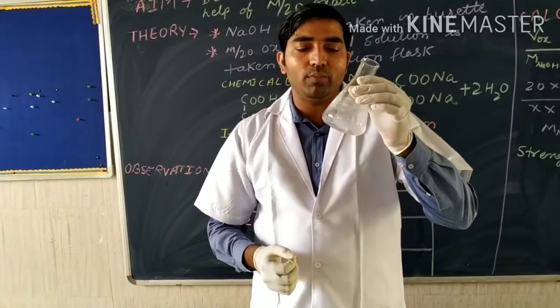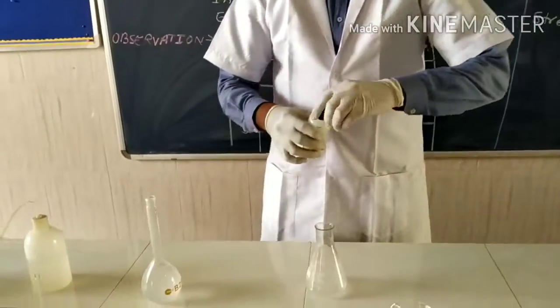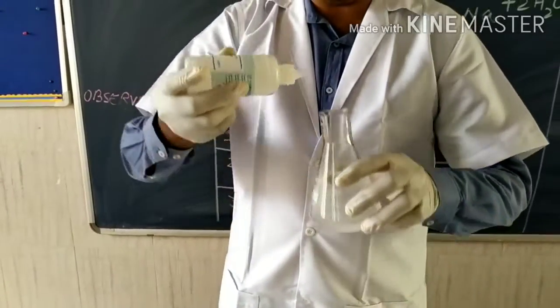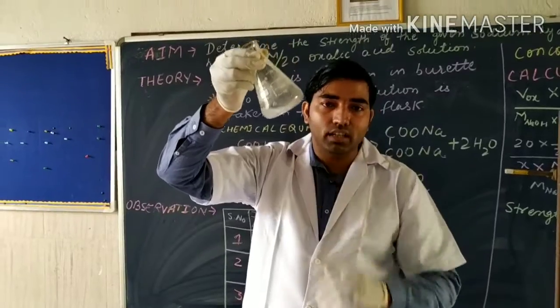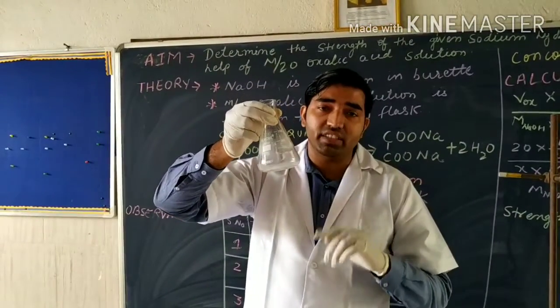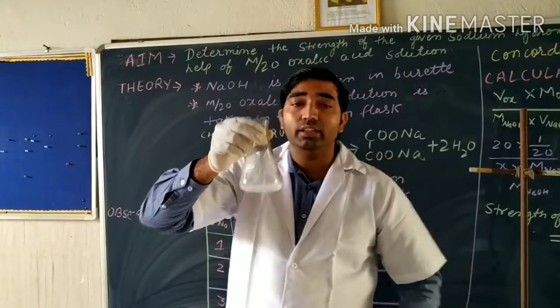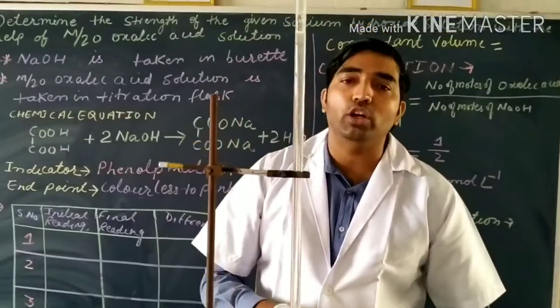This is the 20 ml of standard oxalic acid solution. Now I am putting 1 or 2 drops of this phenolphthalein indicator. See, the color is colorless because the color of phenolphthalein in acidic medium is colorless. Then we have to titrate it against this sodium hydroxide solution.